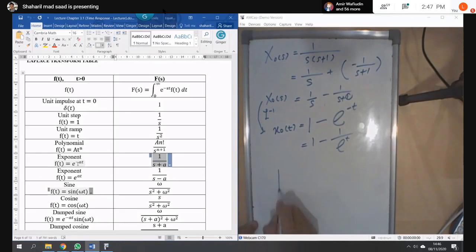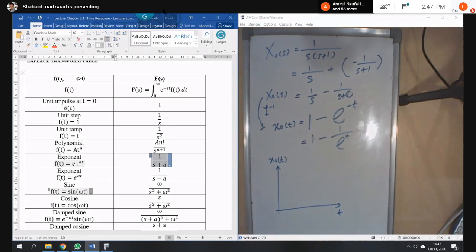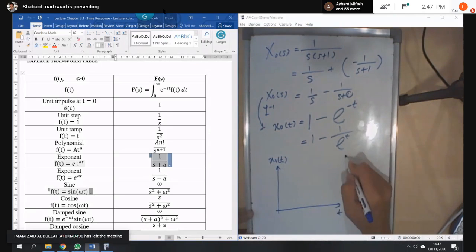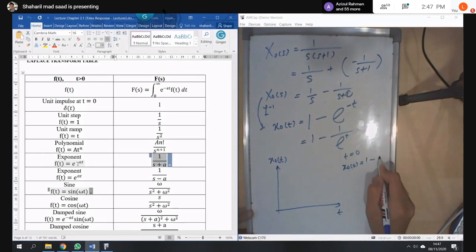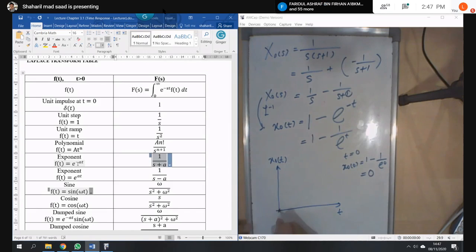So how to plot the graph? This is t, this is x naught. Let's say t equal to 0. Now you get x naught, 1 minus 1 is 0. So it starts from 0. So the first point will start from 0.